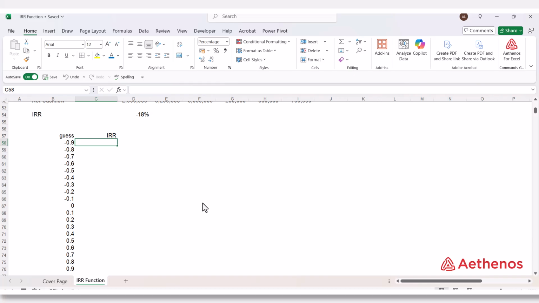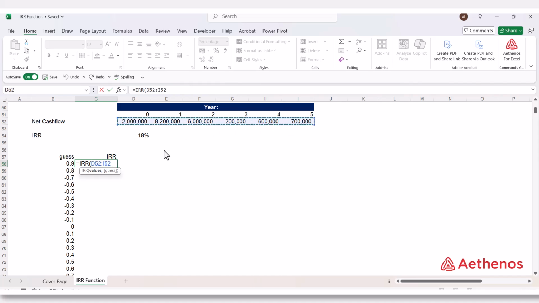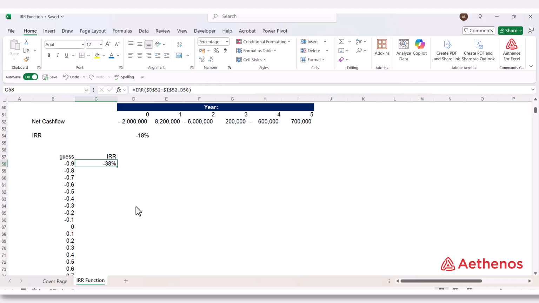Let's try giving different guesstimates into this function, equals IRR, and we give the cash flow like this. Since we are going to copy it down, I need to fix the cell references, F4. Then for the guesstimate, I will give first this, and I will copy it down.